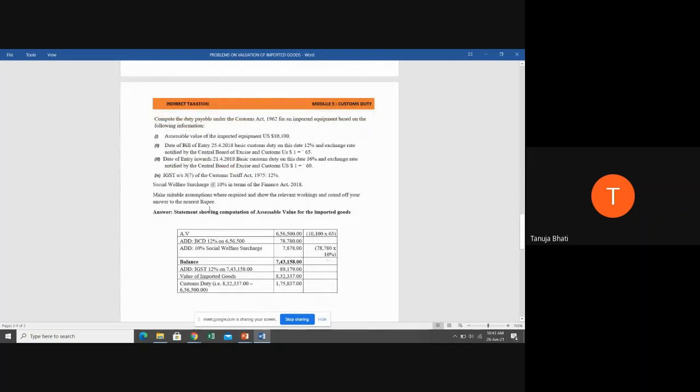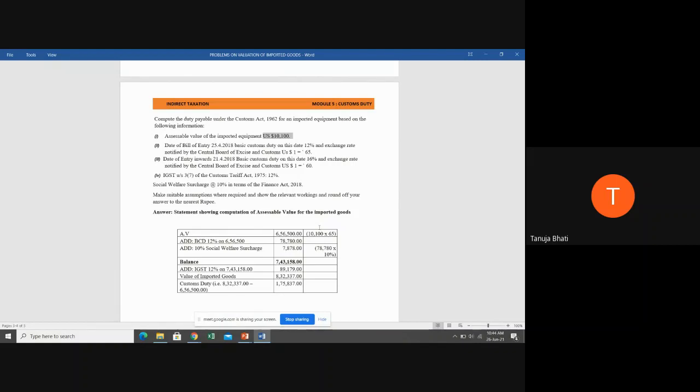We have already discussed, we have to just put it in the form of a solution. So, statement showing computation of assessable value for imported goods. Now, AV is nothing but your assessable value, which is directly given as 10,100 US dollars. Students, when we are calculating the basic custom duty, the social welfare charge or IGST, all the customs duty, we have to always charge on assessable value converted into rupees.